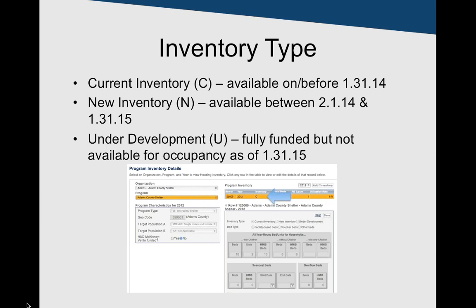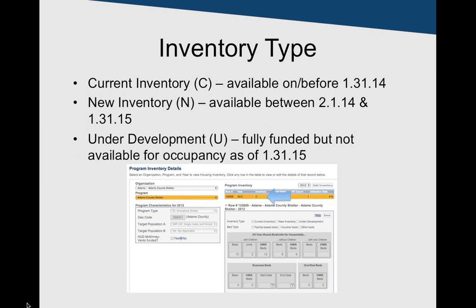Inventory that's designated as new should represent an increase in capacity for the project from the previous year. In order to appropriately designate inventory type, the CoC must compare the number of beds available at the time of the HIC in the count year with the number of beds that were previously available at the time of last year's HIC.